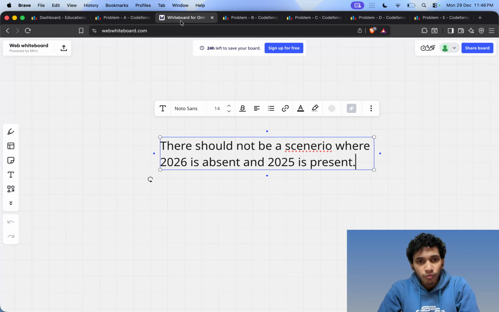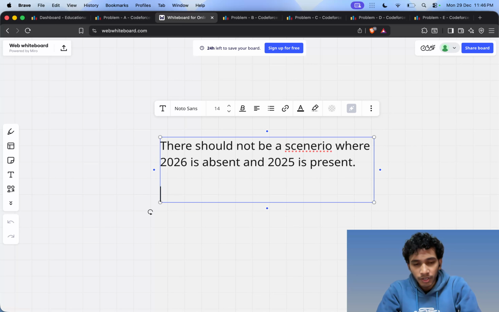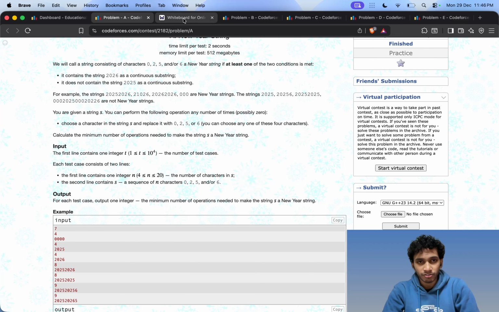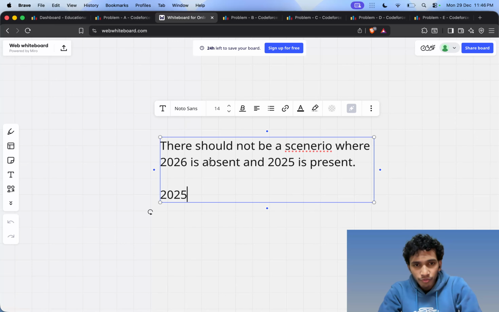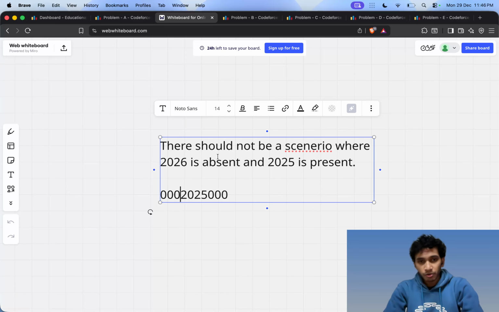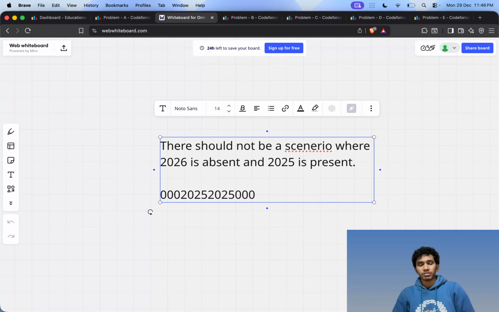So what are the strings given to us that are not a New Year string? 2025 is present and some random numbers are present that do not contribute to 2026. Maybe 2025 is present multiple times, but 2026 is not present.